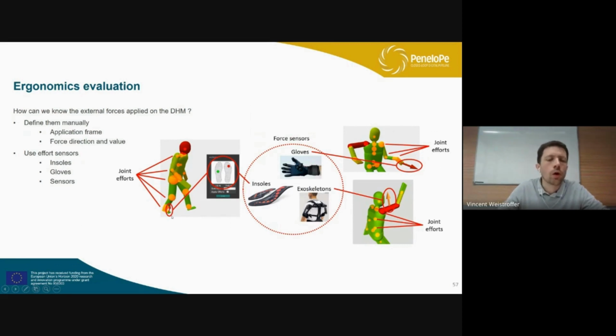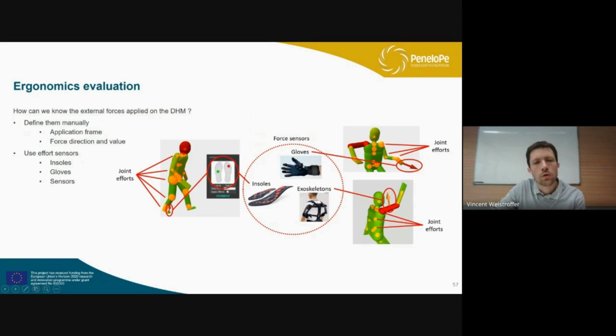And when you go on site, when you go and study a specific user with a motion capture hardware, you can also use some additional effort sensors in order to provide additional data on the efforts deployed by the user. So you could use insoles like these ones. You could use gloves.